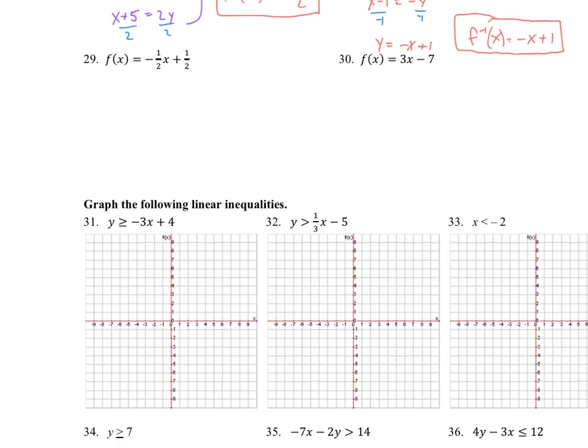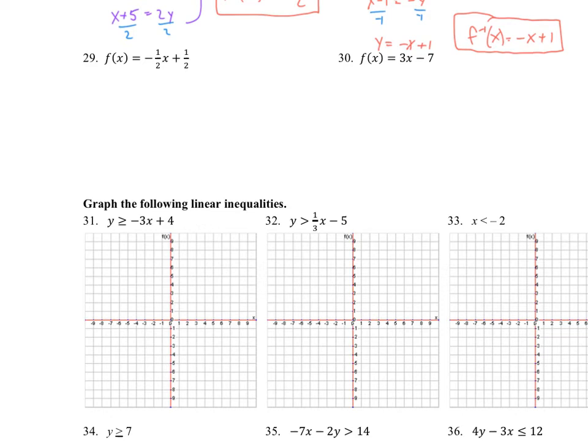Alright, keep going there. So switch x and y, so x equals negative 1/2 y plus 1/2. Alright, so I want to get y by itself, subtract 1/2. So that gives me x minus 1/2 equals negative 1/2 y. Then we need to get rid of that 1/2, so we say, oh, we divide by negative 1/2, but nope, we don't divide by fractions, we multiply by the reciprocal.